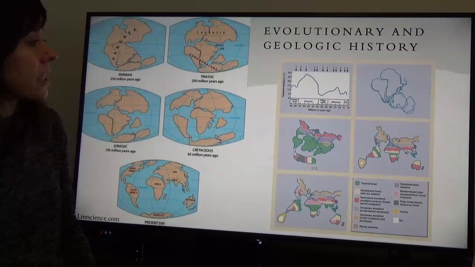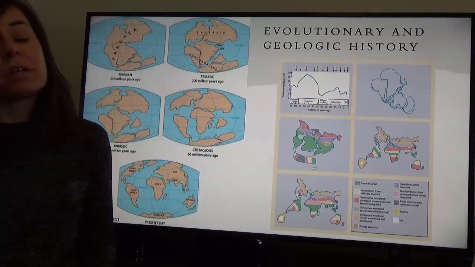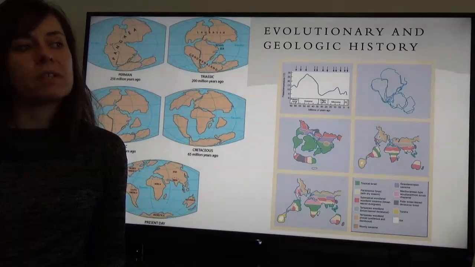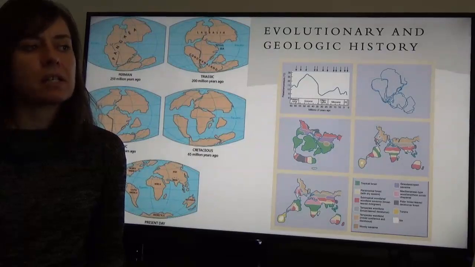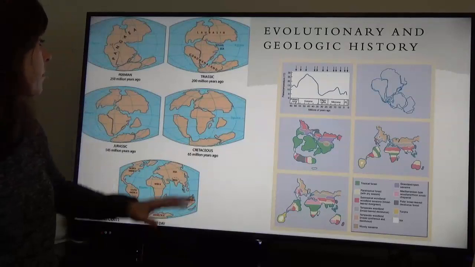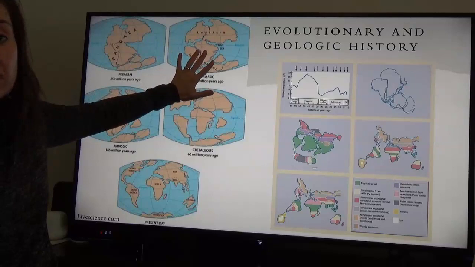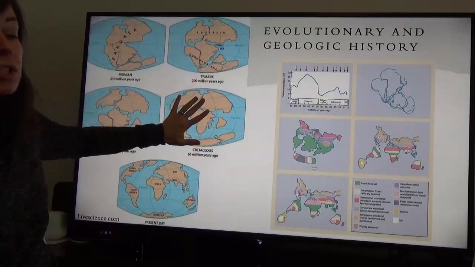Another critical thing to keep in mind when you're thinking about species distributions is that the way the world is configured and looks today is not the way it has always been. So here we have the configuration of the different continents through geologic time.